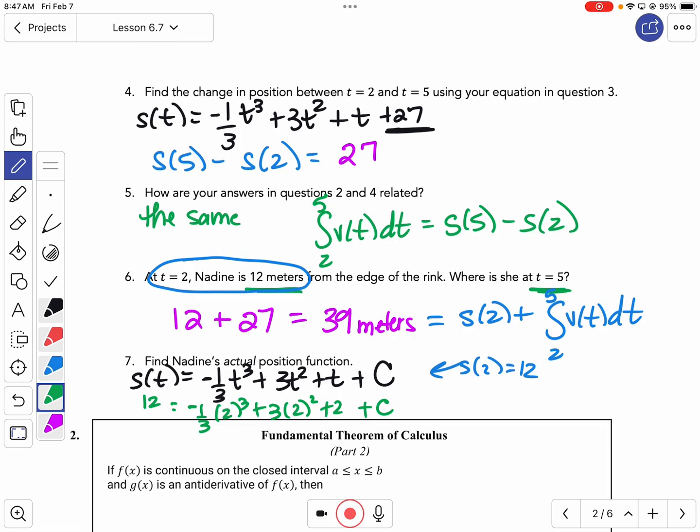I'll let you do all that math. But I think we get C equals 2/3 when we work it all out.